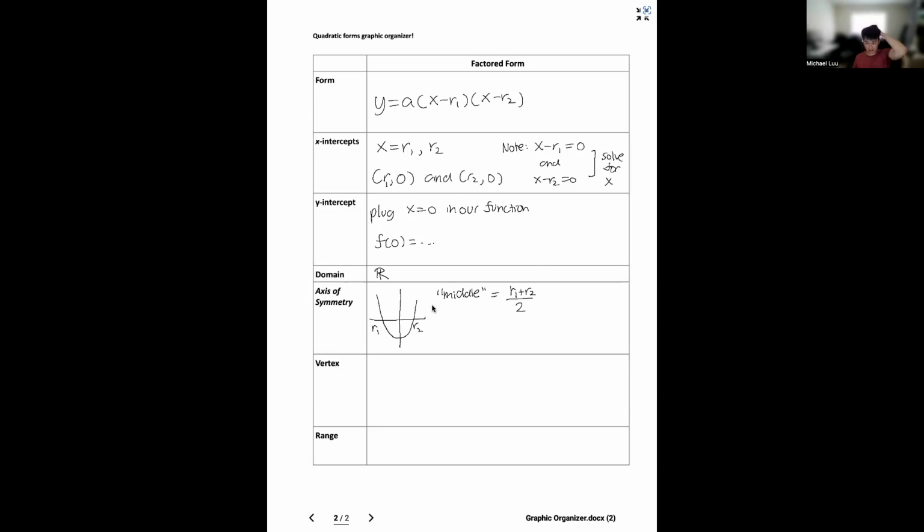We'll see that in some examples in the review sheet or the answer key. You always have to write x equals (r1 plus r2) over 2. Whatever that is, that is your axis of symmetry, and you have to write it as x equals something.